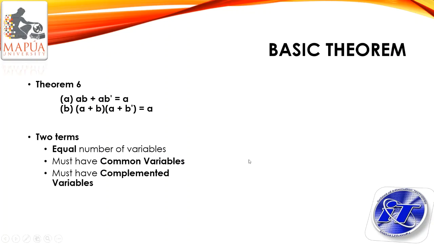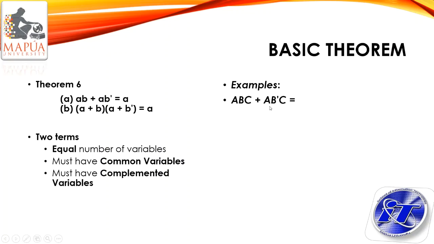Okay, so let's have an example. ABC plus AB not C. Let's check if it follows this criteria. Two terms? Yes. Equal number of variables? Yes. Must have common variable? Yes, A and C. Must have complemented variables? B, B not.